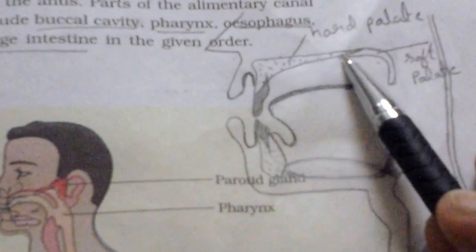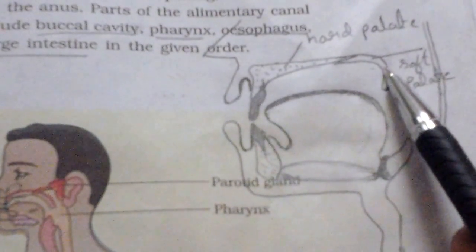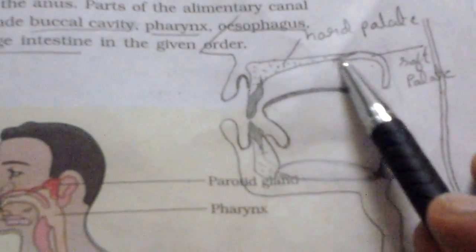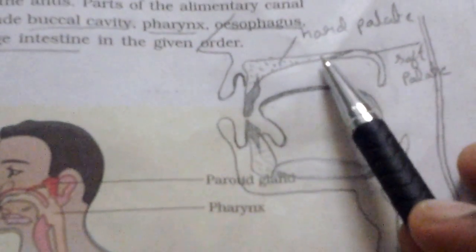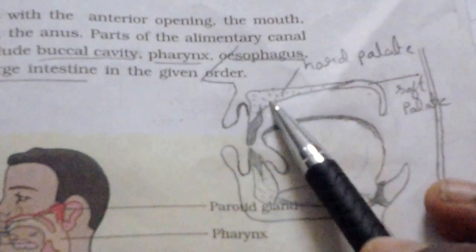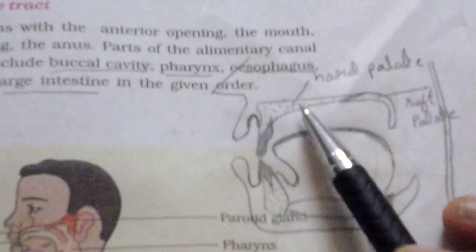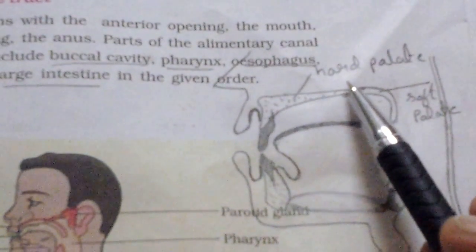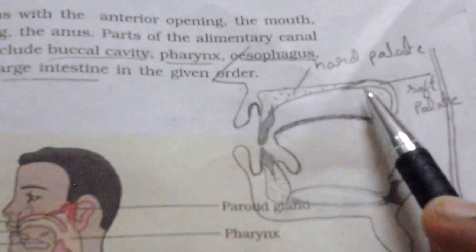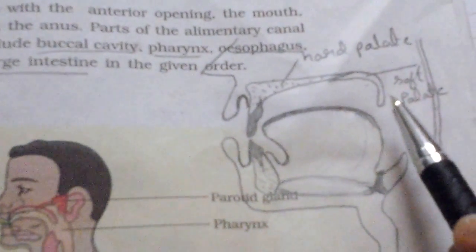This palate keeps on moving and gets soft, and the bone then disappears. So the hard palate, which consists of bone, is the posterior palate, and the palate which is soft is called the soft palate.